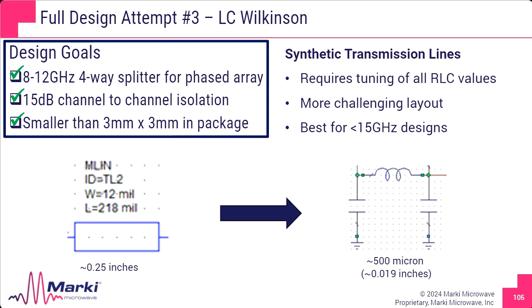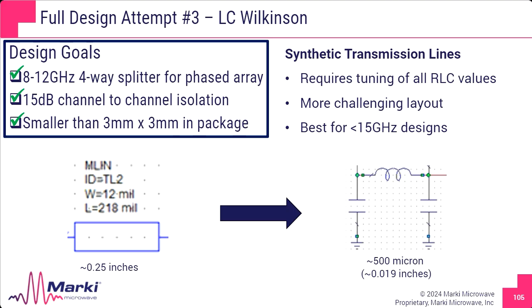The way to do this is to still implement a Wilkinson design, but using synthetic transmission lines. This has been done before, where we take the transmission line. A transmission line is a poor low-pass filter, and it can be approximated by a series inductor with some shunt capacitors. That's what we're showing here.